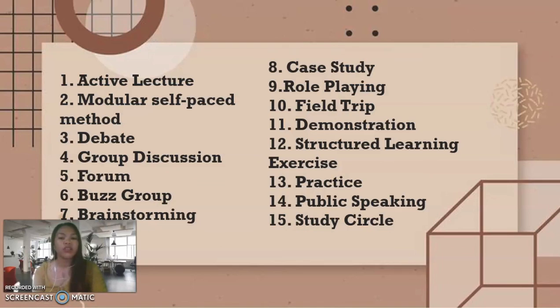This is very important so that you can decide what appropriate method to use in your training with these types of learners. I hope you have learned something in our discussion today, and just be familiar with the 15 training delivery methods, because we will be using this for your CBC and session plan making.